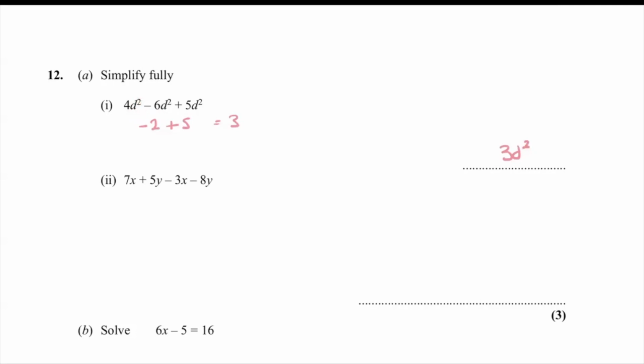For the next one, I've got 7 x's, and I'm being told to take away 3 of the x's. So that will give me 4x. I've got 5 y's. I'm being told to take away 8y. That will give me -3y. And that's my final answer: 4x take 3y.